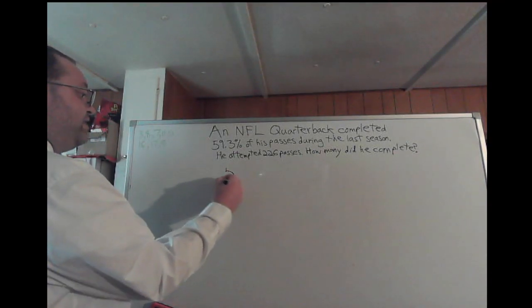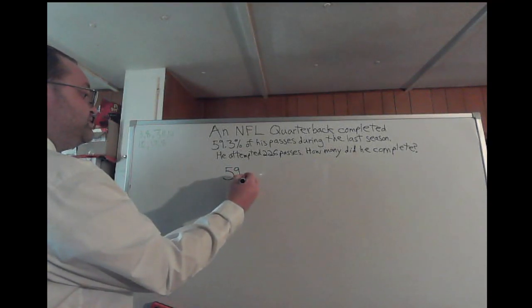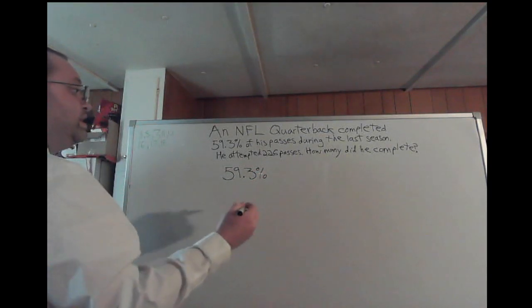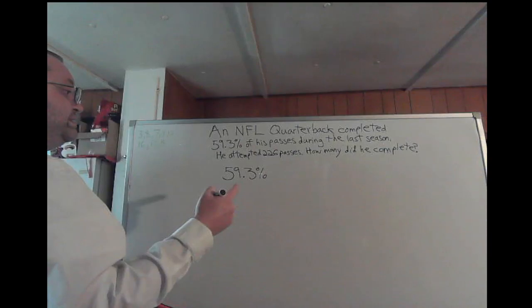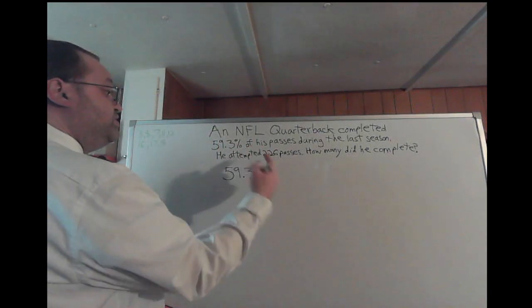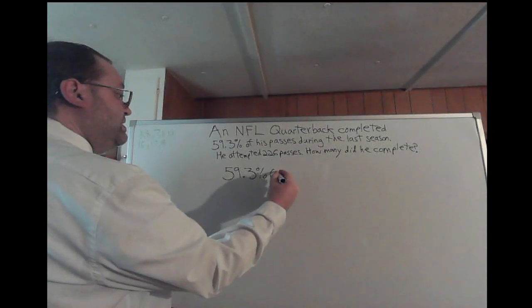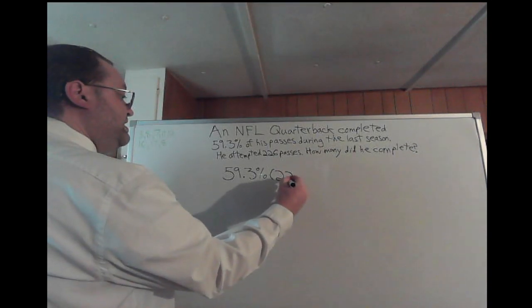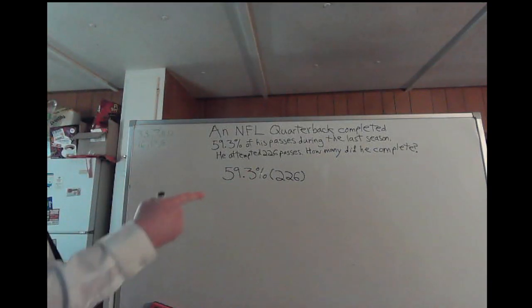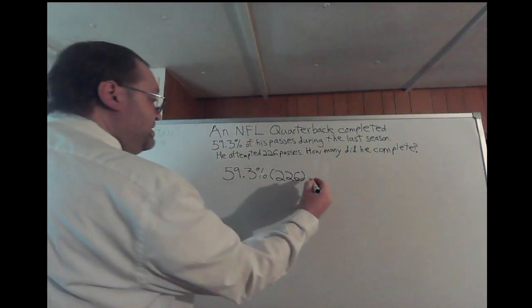So let's write out 59.3% of his passes. Of his passes, he attempted 226 passes. So he completed 59.3% of 226, which is times 226.